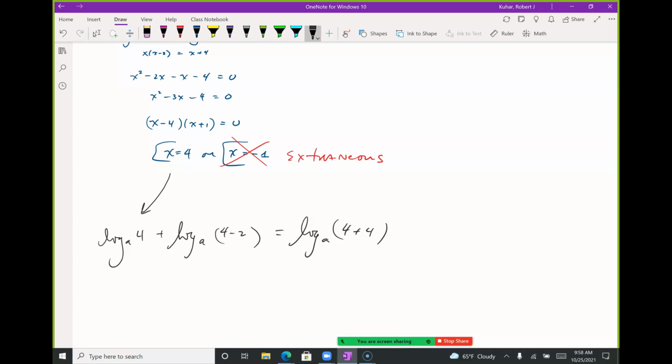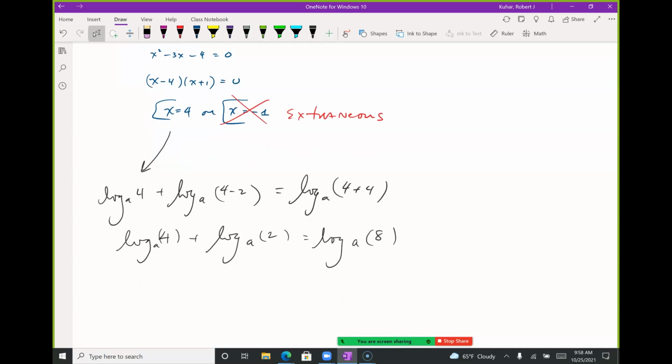I can see I'm not going to get any problem from the arguments. Remember, the domain of logs is positive numbers, right? And you can see that I get log base a of 8 equals log base a of 8. So it worked. That's why this is a good answer.